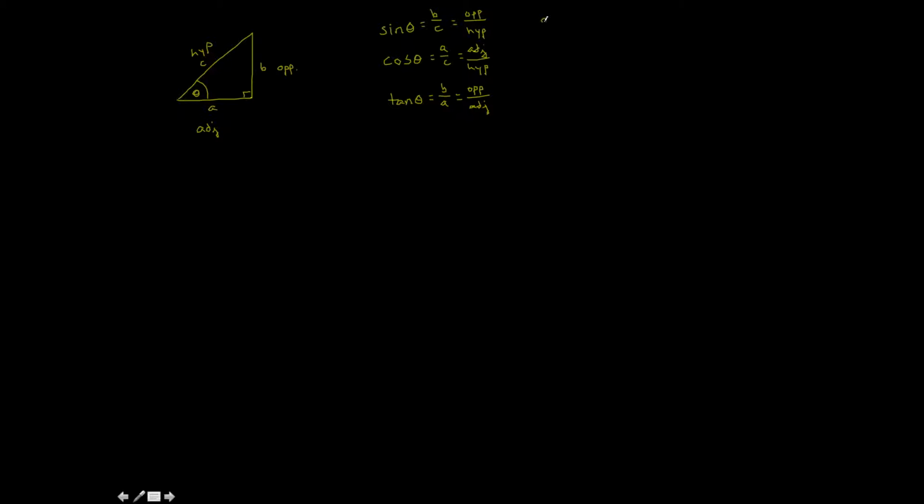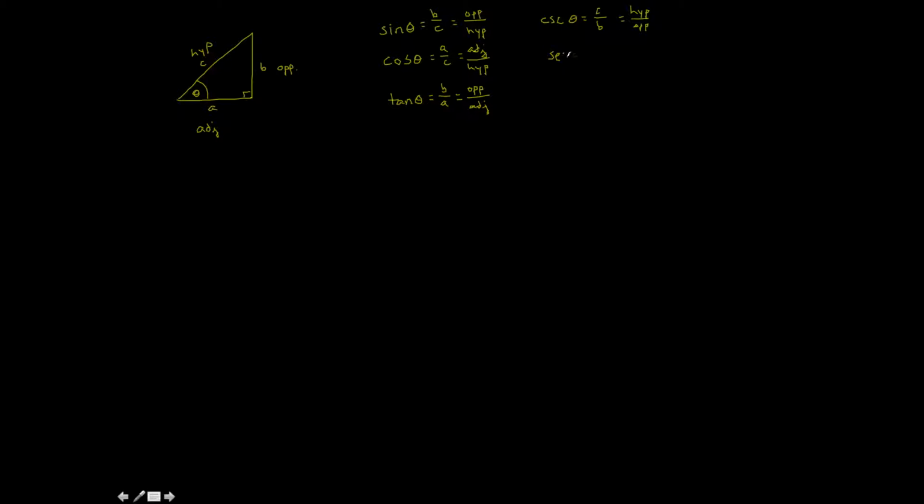Now, we say cosecant. Cosecant would be the reciprocal of sine. Okay? So it's going to be your hypotenuse over your opposite.